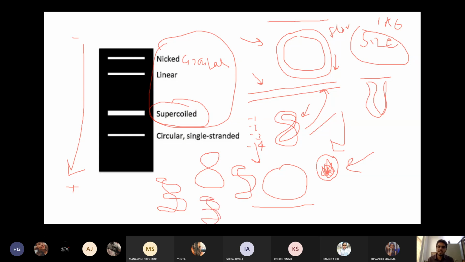So in this example, the same DNA size is going to have different supercoiling. Whichever is more supercoiled is going to move fastest, and which is less supercoiled is going to move slower. So within supercoiling, depending upon the level of supercoiling, the migration speed differs.